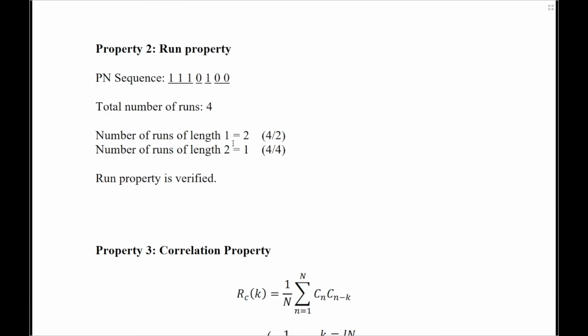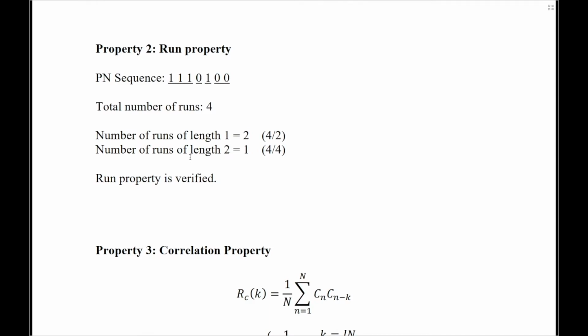As per the property, there should be 1/2 of the total number of runs of length 1. If you go back and check the number of runs of length 1, we have 2, that is what is written here, and in fact 4 divided by 2, which is half of the total number of runs, is also equal to 2. So, this particular condition is verified.